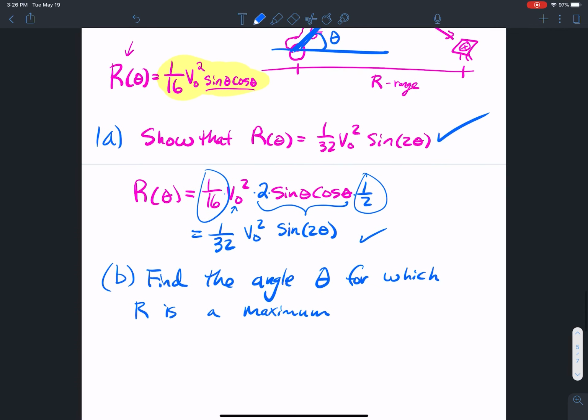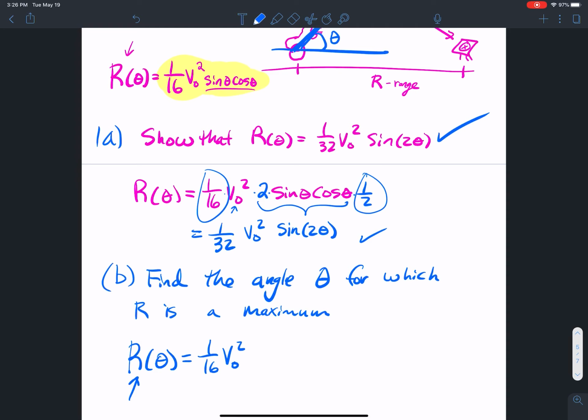It's a fancy way of saying that R is a function of theta, meaning that if we fix the speed, it's not changing at all. Okay? And the angle theta of inclination determines the horizontal distance value.